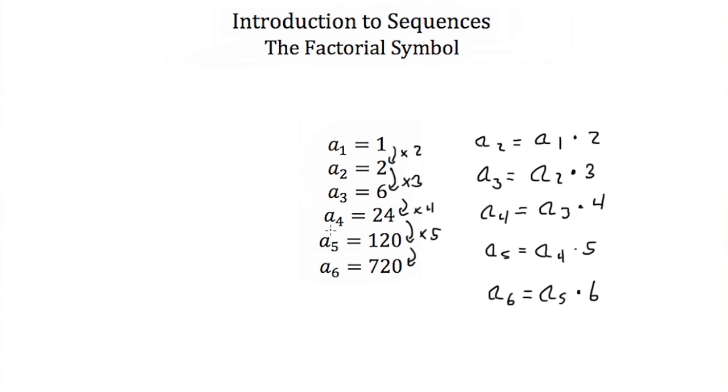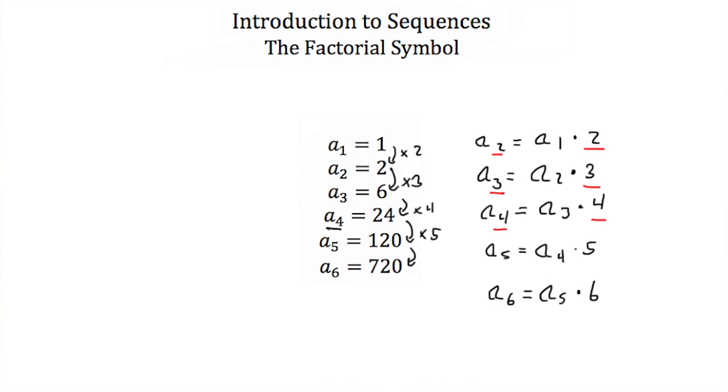Now I'm trying to build an explicit formula though, a formula that involves n. So I can just plug in the term number, say 4, into my formula and come up with 24. Well, looking at my recursive formula here, when I'm at my second term, I'm taking my first term and multiplying it by 2. When I have my third term, I'm taking my second term and I'm multiplying it by 3. My fourth term, I'm multiplying my third term by 4.